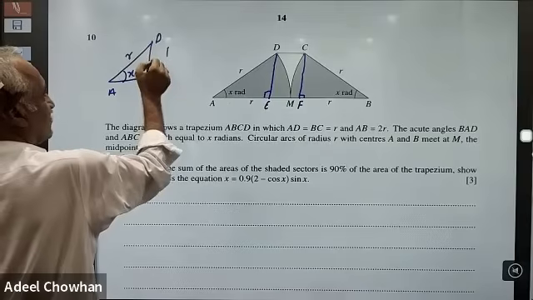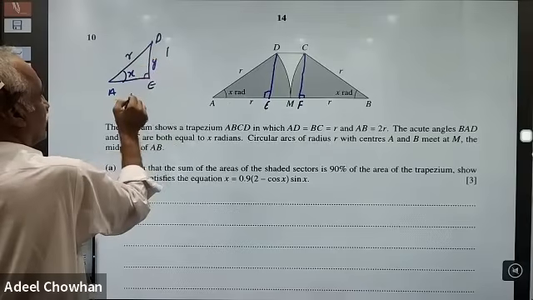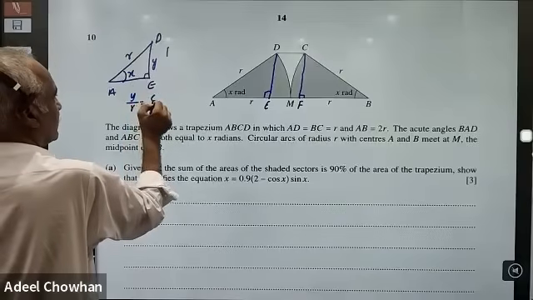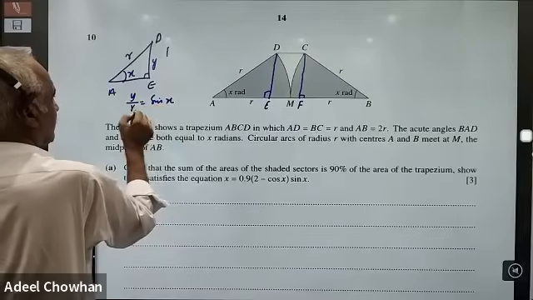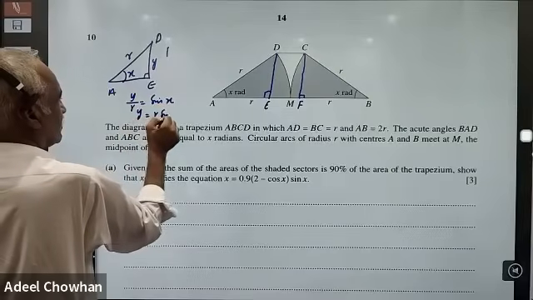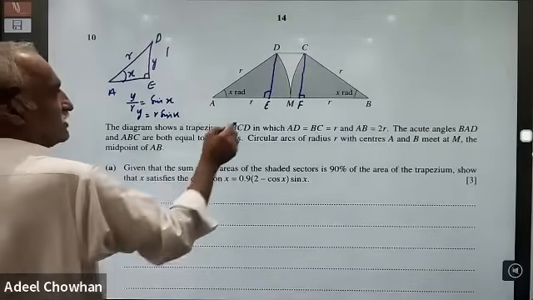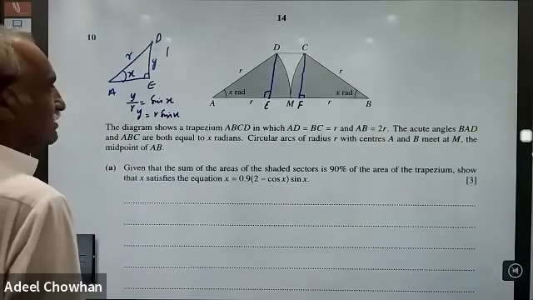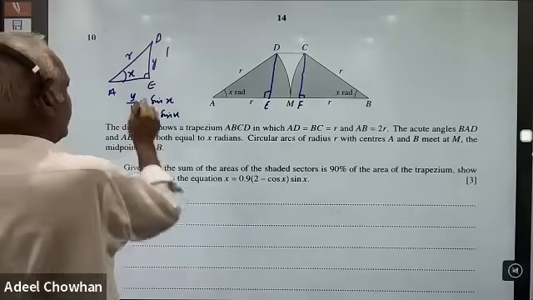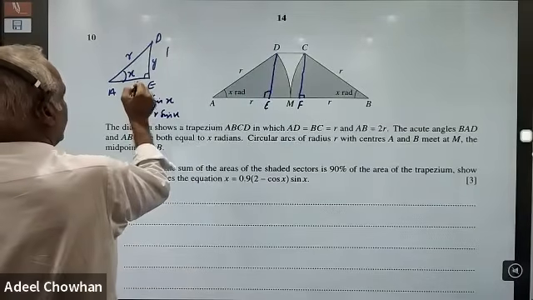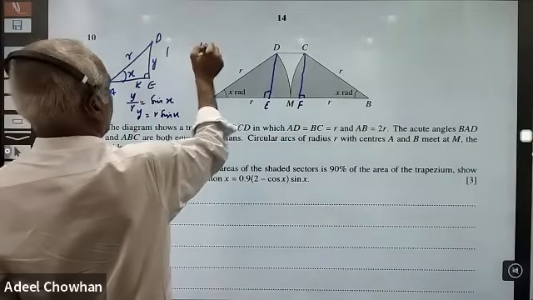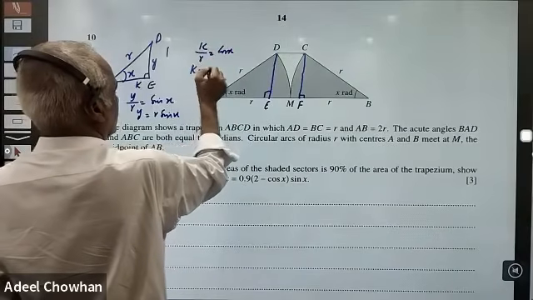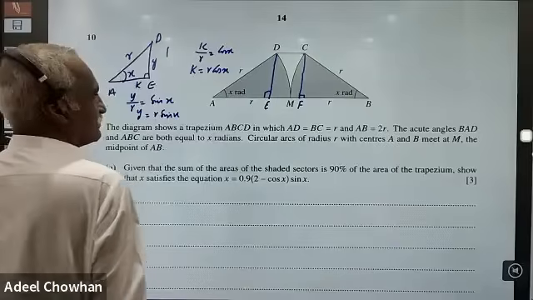Let's say this length is equal to Y, then Y over R is equal to sine of x, or Y is equal to R sine of x. The same is this length. So Y is equal to R sine of x is this length. Now we will calculate this AE length. Let's say it is equal to K. So K over R is equal to cos of x, or K is equal to R cos of x.